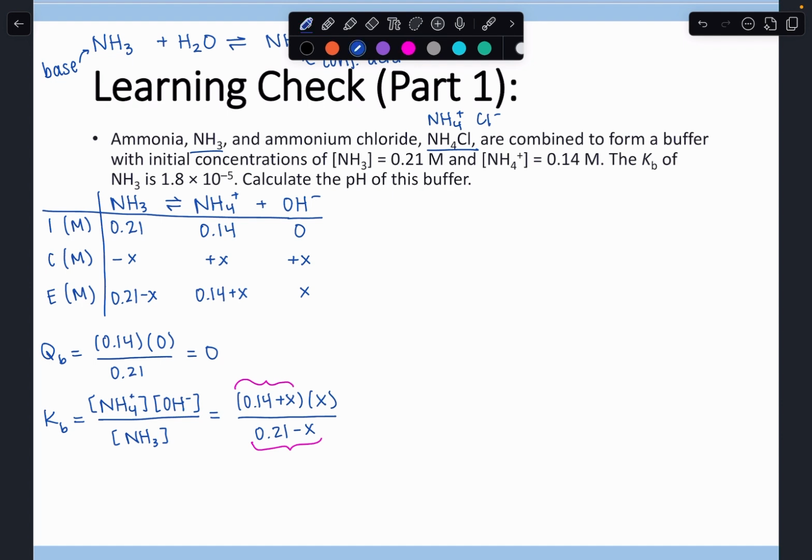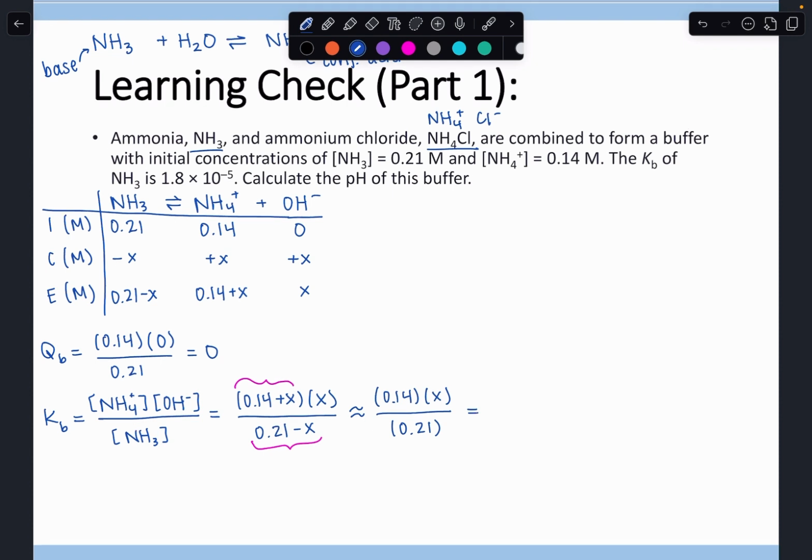Just like we did last chapter for weak acids and bases, you can assume 0.14 here times X and then 0.21 in the denominator, making this calculation more simple. And this will be equal to 1.8 times 10 to the negative fifth. That is the Kb value given to us in the question.